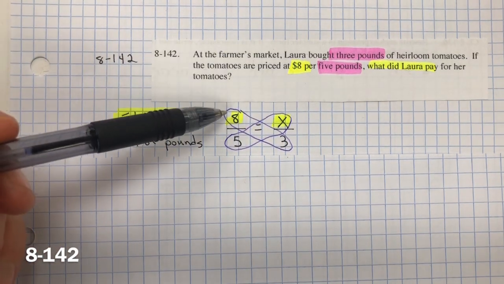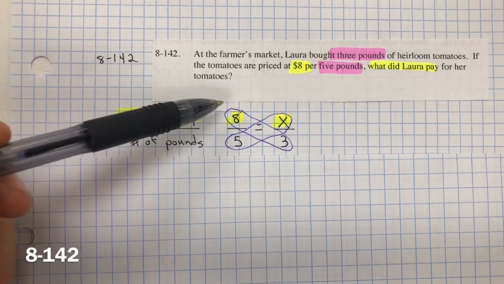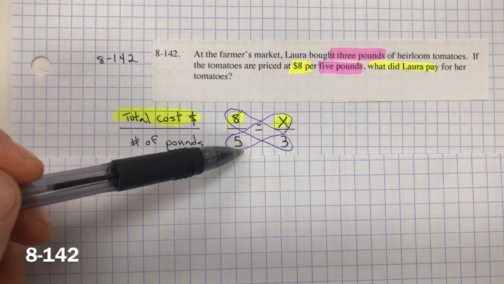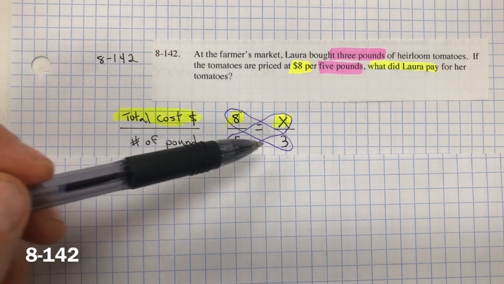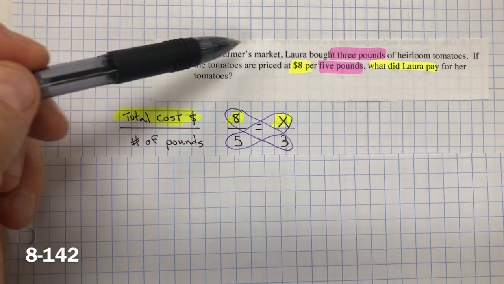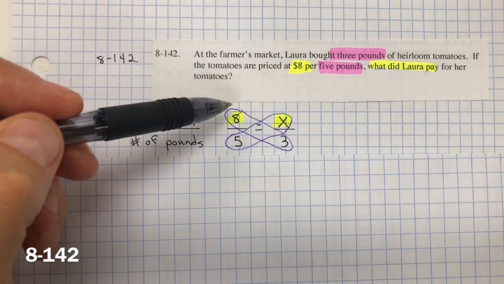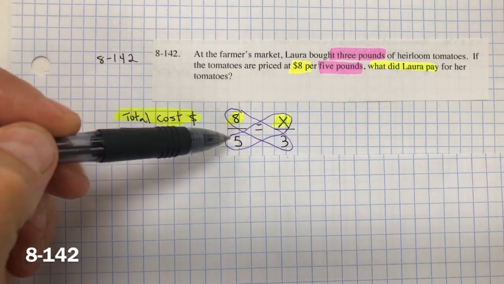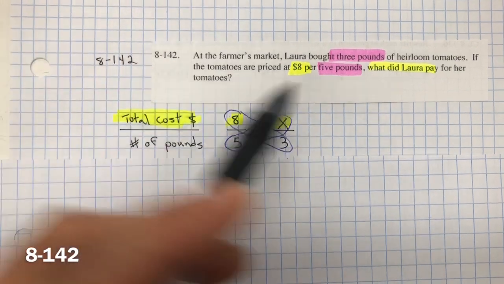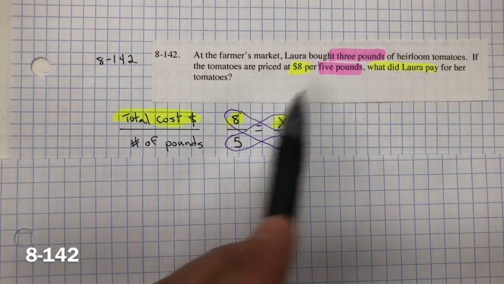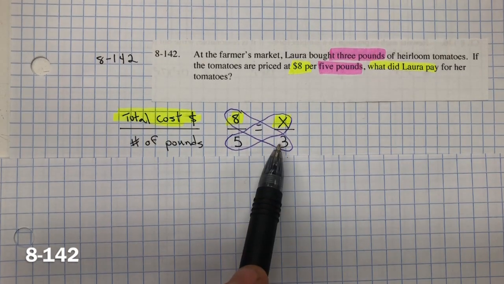For the numerator, everything is going to deal with money. The values in the denominator are going to deal with pounds. So we know that Laura pays $8 for 5 pounds, and we want to know what Laura paid for 3 pounds.